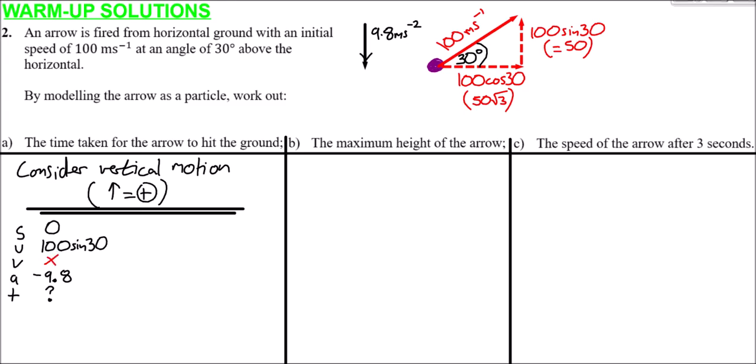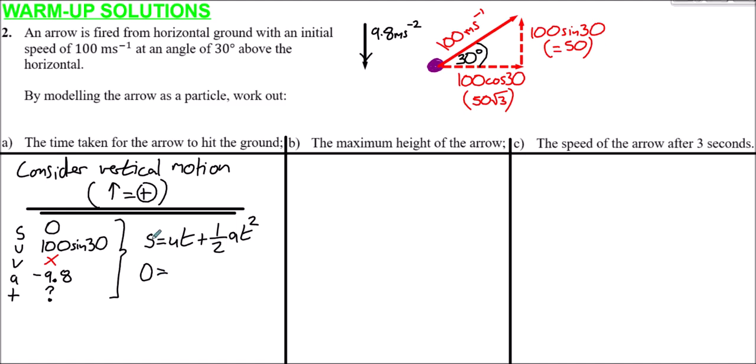So I'm wanting an equation of motion which does not involve v. This seems to be the most common one. We can use s equals ut plus a half at squared, filling in what we know to arrive at our solution for t. So we've got 0, because s is 0.